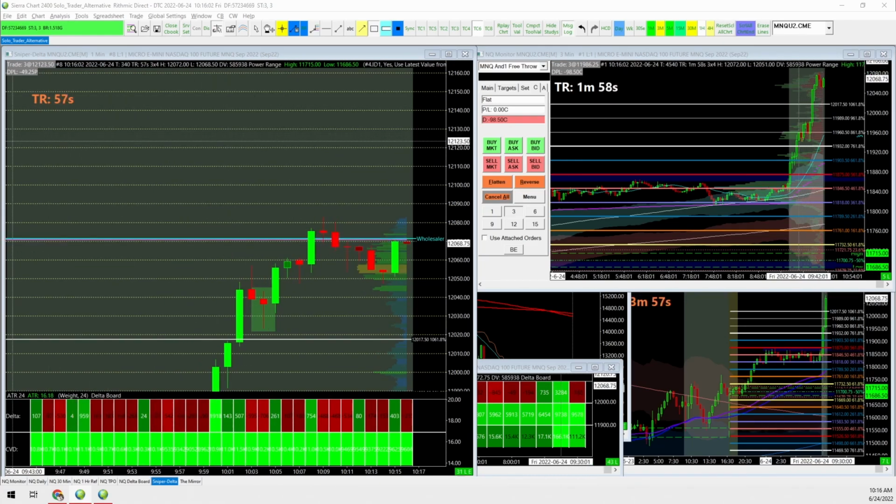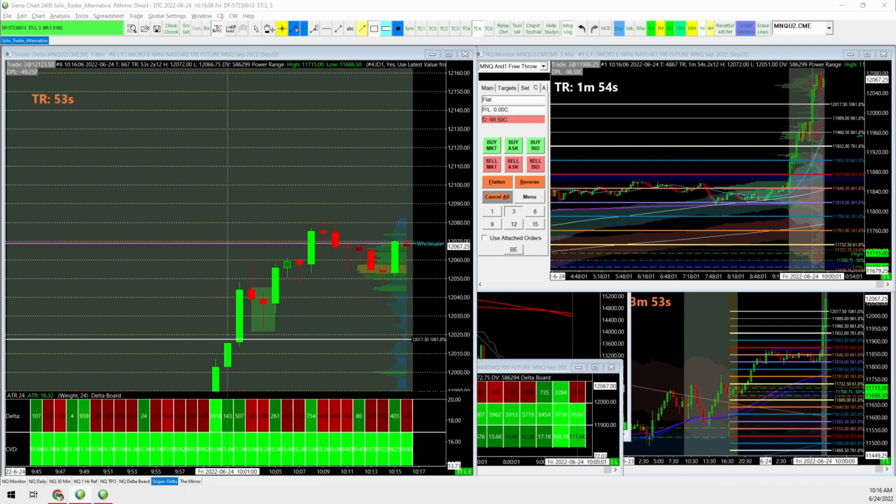And let's see, so we did end up in a red day, which is perfectly okay. I personally think this is a good example of what's possible with this strategy, by everything that I mentioned before.